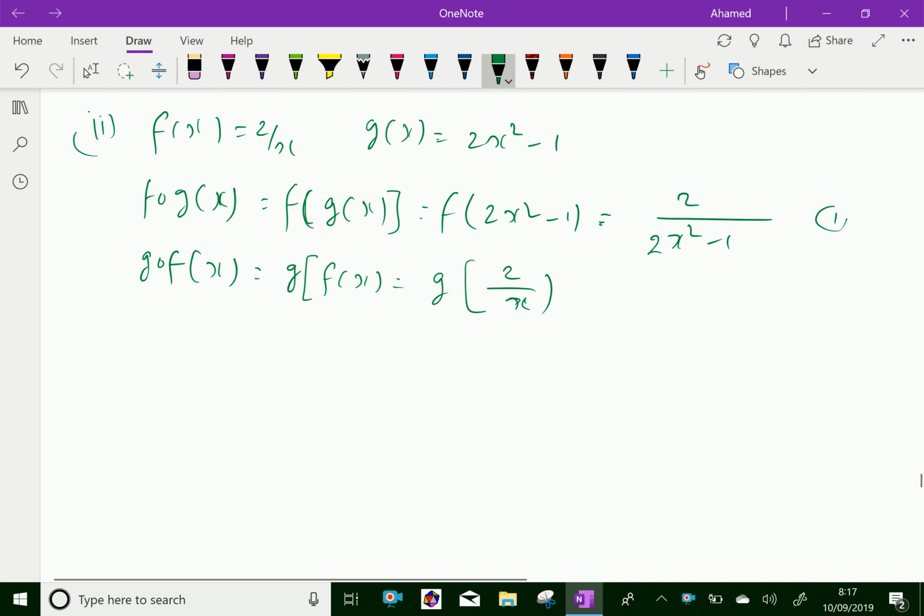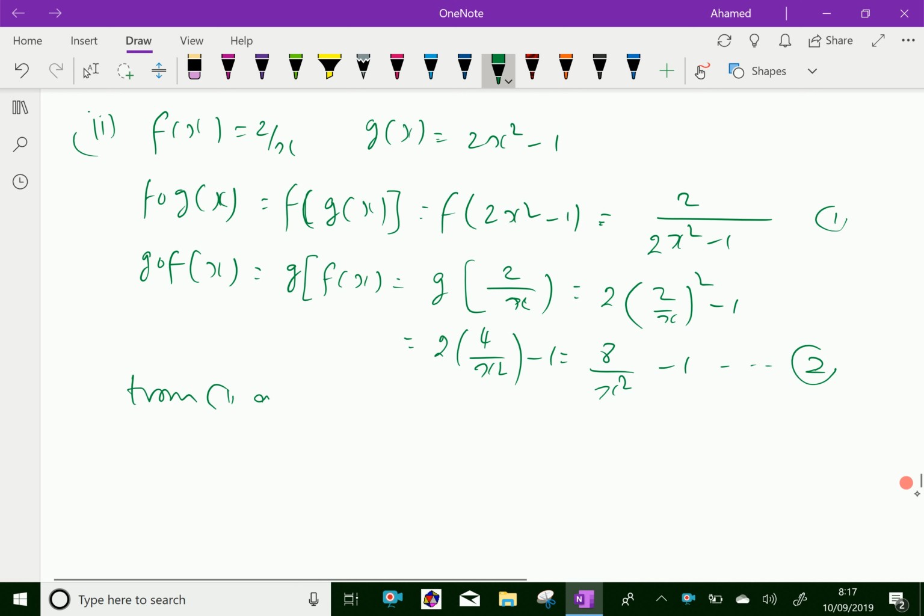Now substitute in g: 2 into x, that is 2 over x whole square, minus 1, which is equal to 2 into 4 over x square minus 1, which is equal to 8 over x square minus 1. Let it be 2. So from 1 and 2, fog x is not equal to gof x.